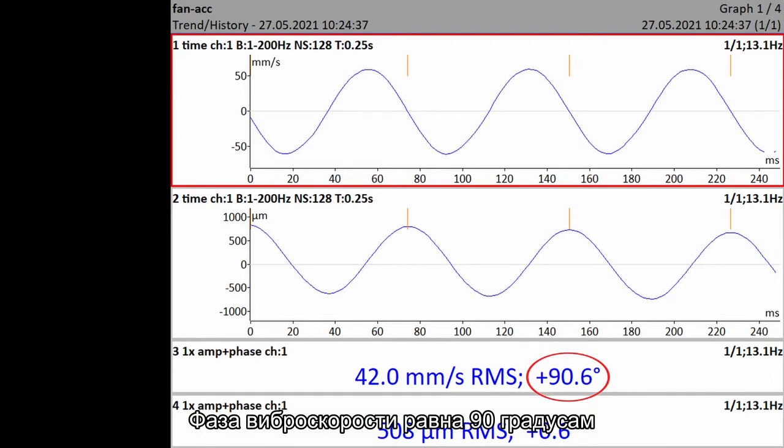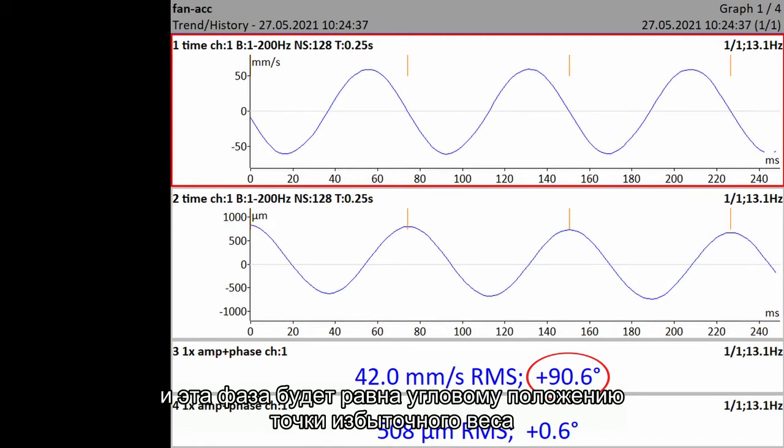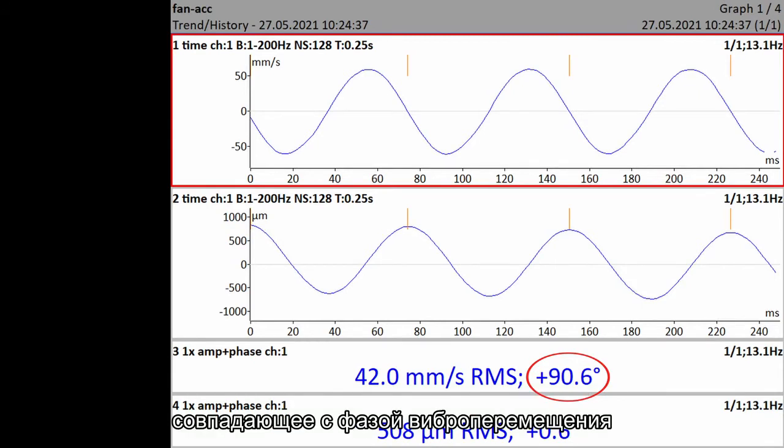The velocity phase is 90 degrees. It is clear that we must subtract the 90 degrees from velocity phase, and this phase is the angle of heavy spot position. When we subtract 90 degrees, we are in the same situation as with displacement phase value.